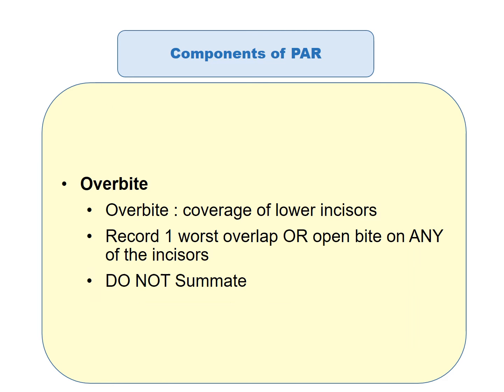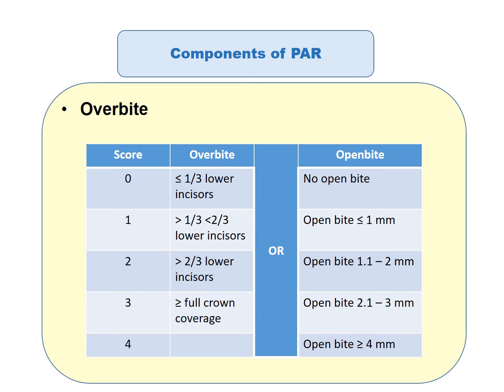Now, the overbite is defined as the coverage of lower incisors, and the one worst overlap or open bite on any of the incisors is recorded, and it is not summated. This is the score for the overbite and open bite, again ranging from 0 to a maximum of 4.